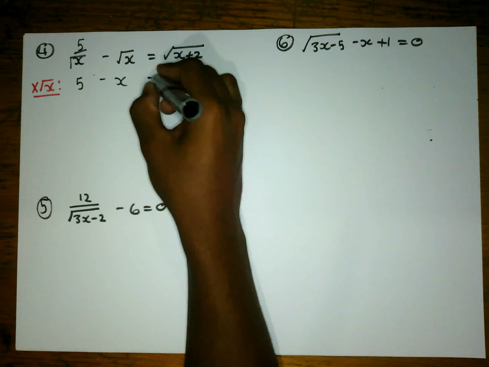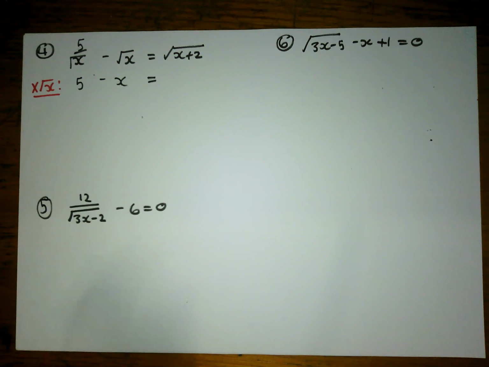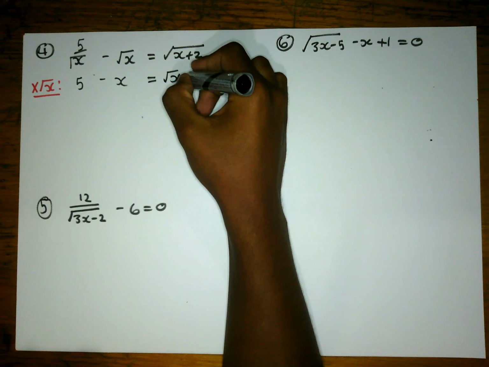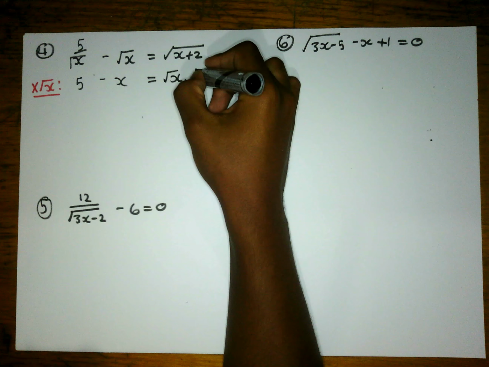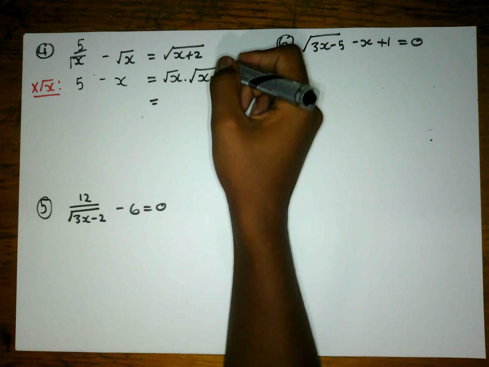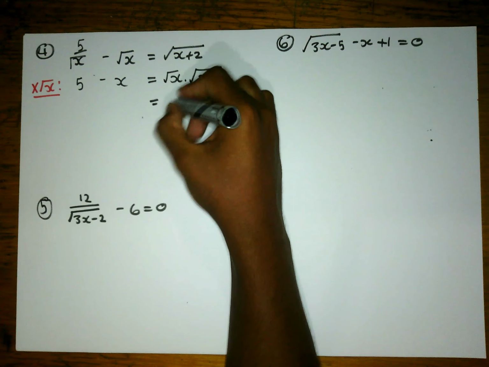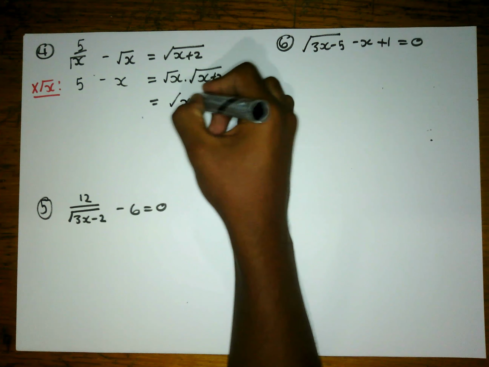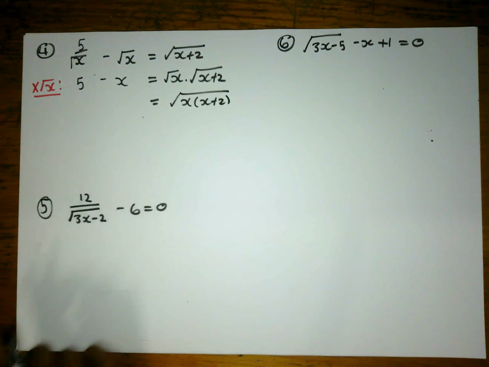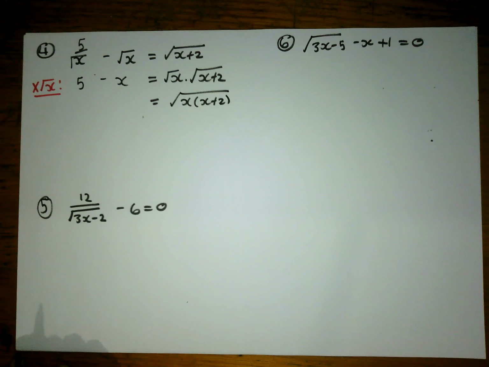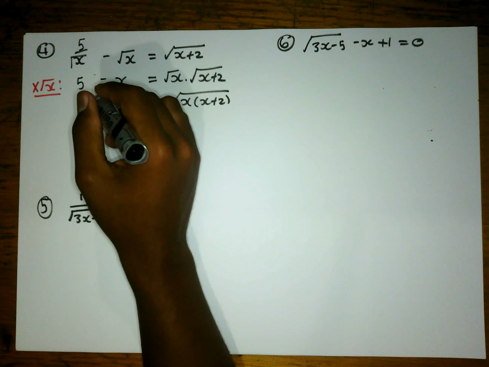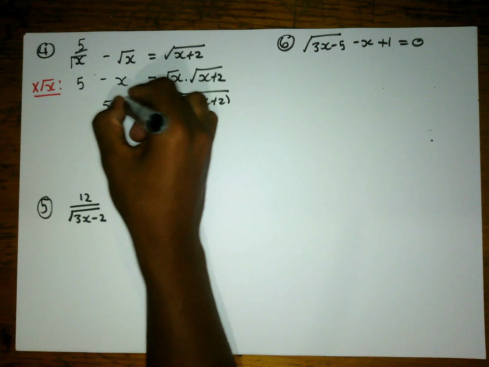Then we are left with this side as an x multiplied by x plus 2. So if we know our rules, it is saying that now we have a bigger house and it's x plus 2 like that. Then here we still have a 5 minus x.